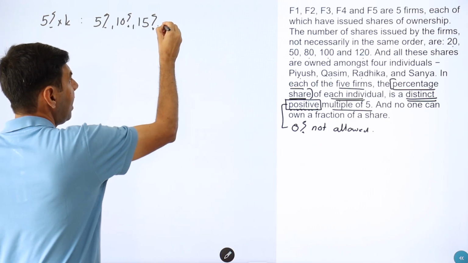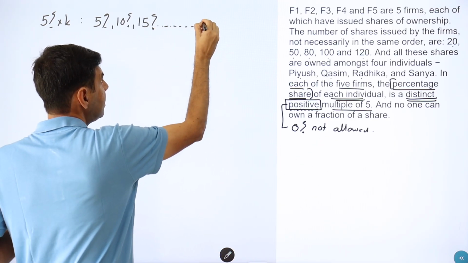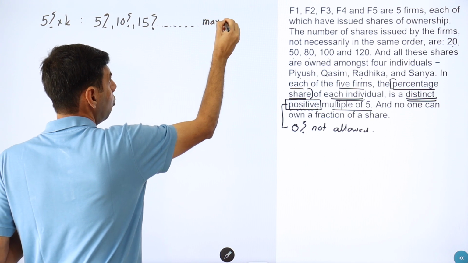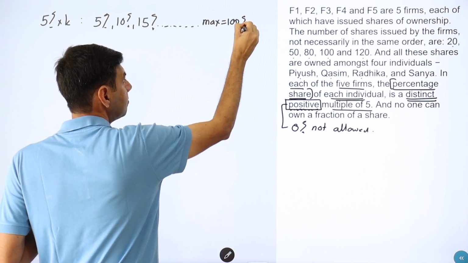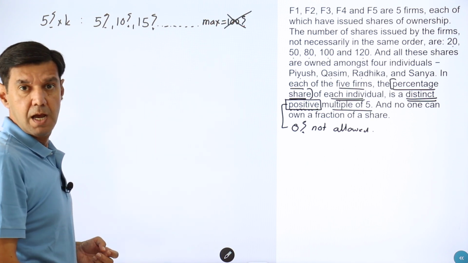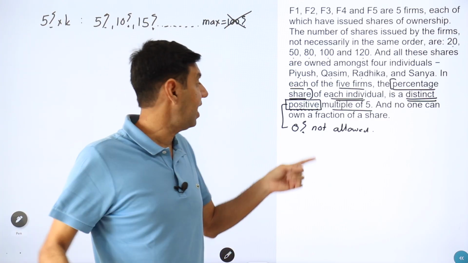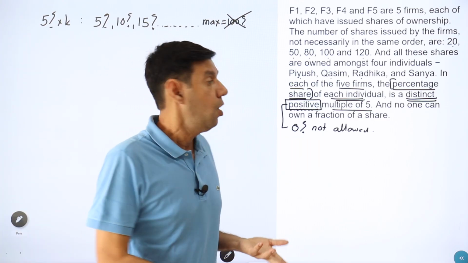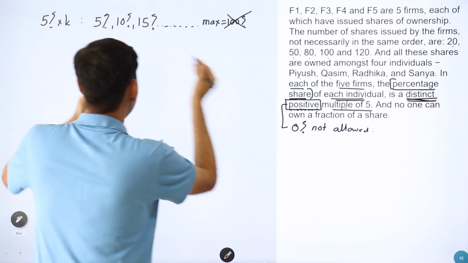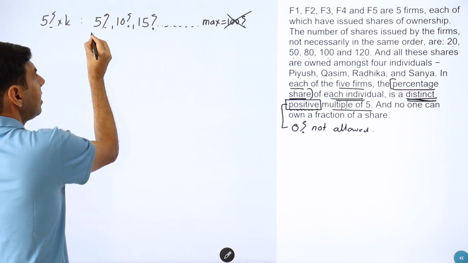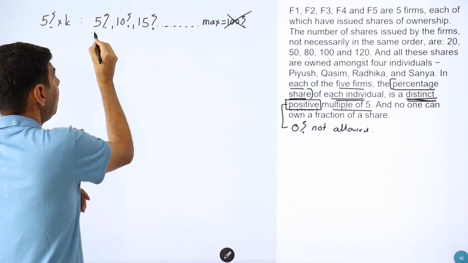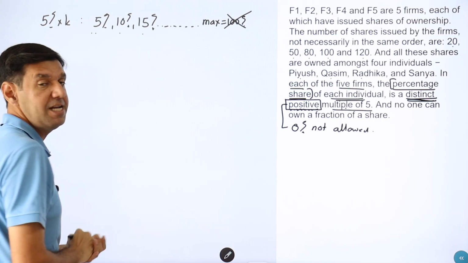And if no one can have 0%, is the maximum that one can own 100%? If one has 100%, the others will have 0, so it's not allowed. And the others have to have distinct multiples of 5. So the minimum that they need to have, 3 people, will be 5%, 10%, 15%.